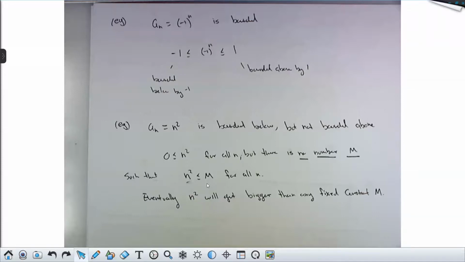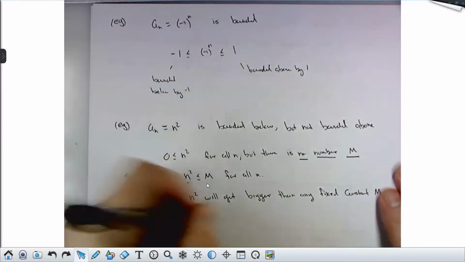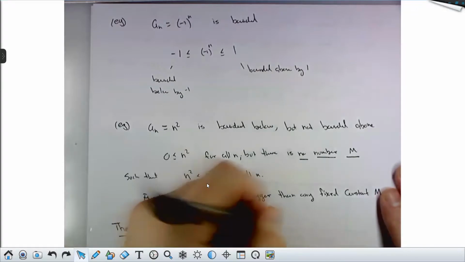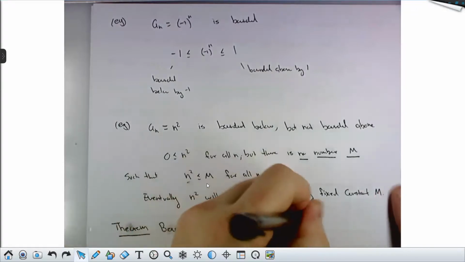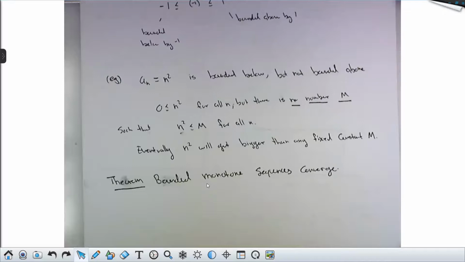All right, why are we talking about this? Well, there's this theorem that says bounded monotone sequences converge. Bounded, we know what bounded means.